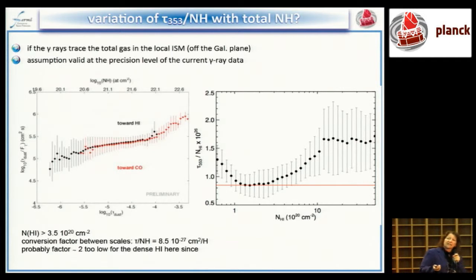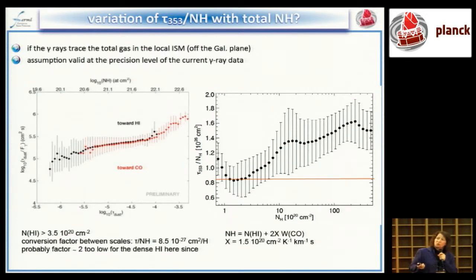And what you find is that it varies as a function of the total amount of gas that you have. It varies smoothly but steadily when you go from diffuse H1 to dense H1. And that's pretty much what Marc-Antoine was showing you 2 days ago: you have very low tau over NH in the diffuse H1, and then you go into the denser H1, and it rises.